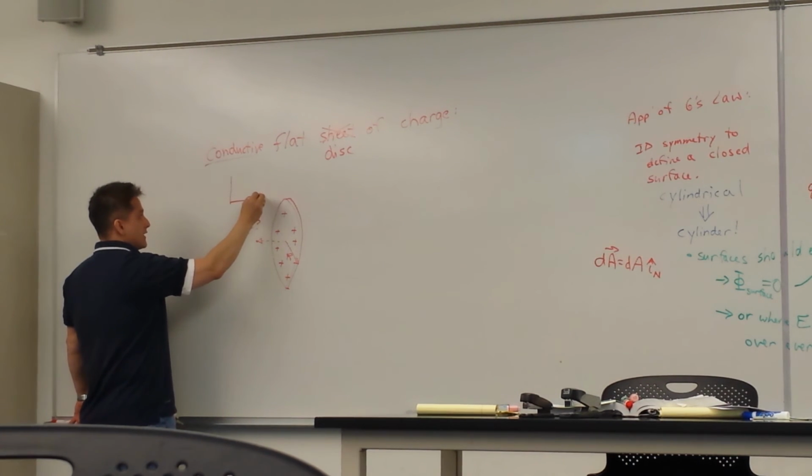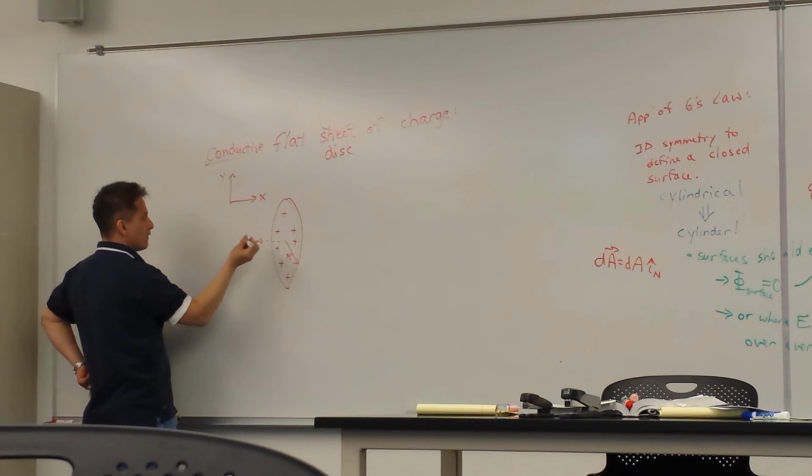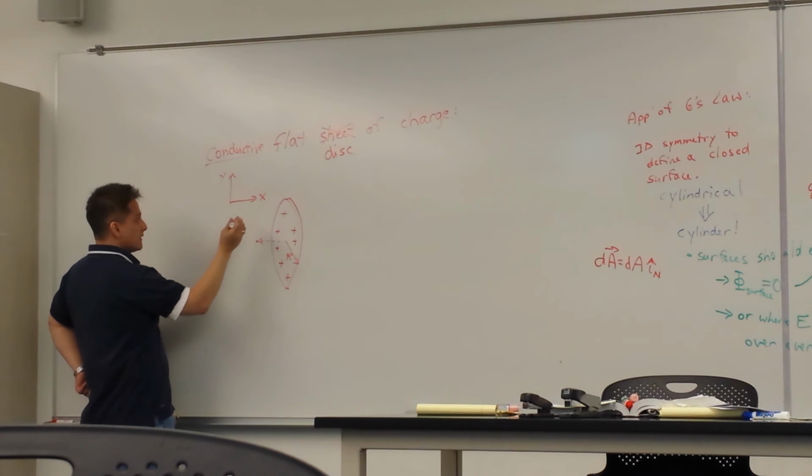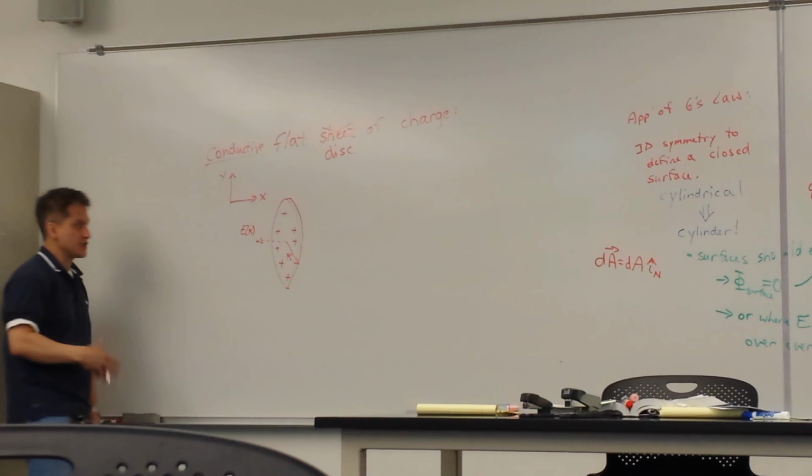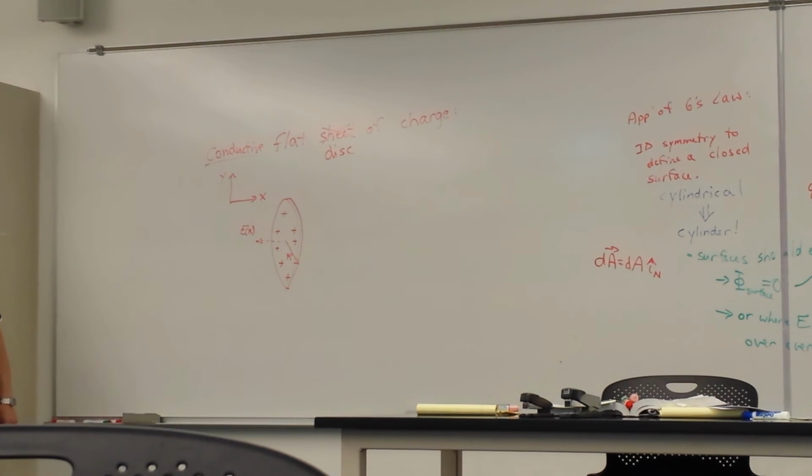To make life easy, let's give a coordinate system, x and y, and z would be out of the board. So we can call this E as a function of x. Not as general as I like, but we can sort of do that.